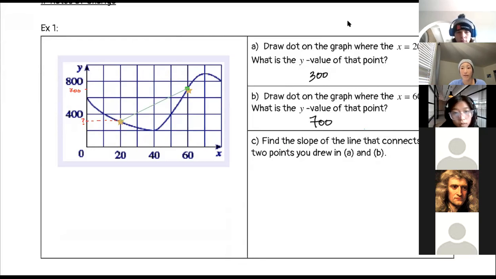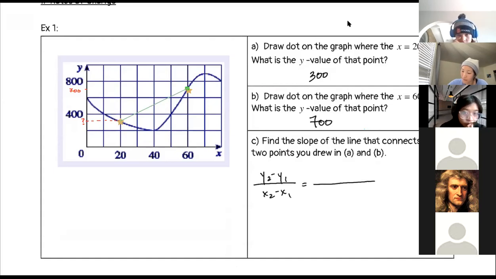I think we can use that same formula from before and plug in our points. This is why we want to make sure we're plugging in 2 sets of points and not just 1 set, because sometimes it doesn't go through the origin.